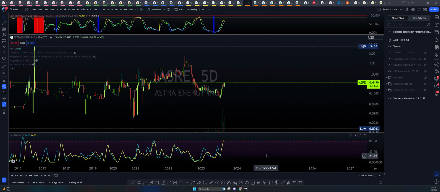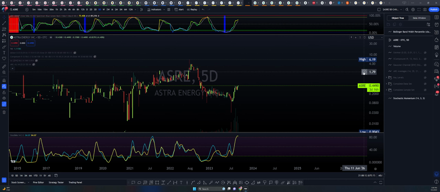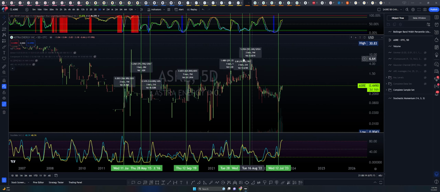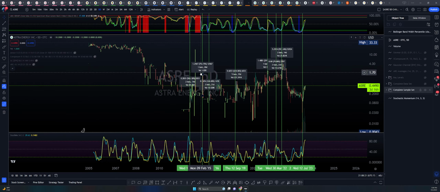Let me go ahead and pull up the sample set. So this is the entire backtest of the 5-day time frame.